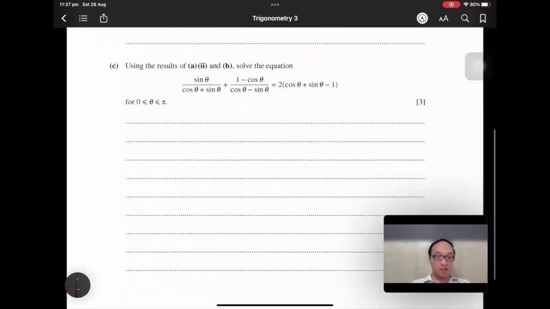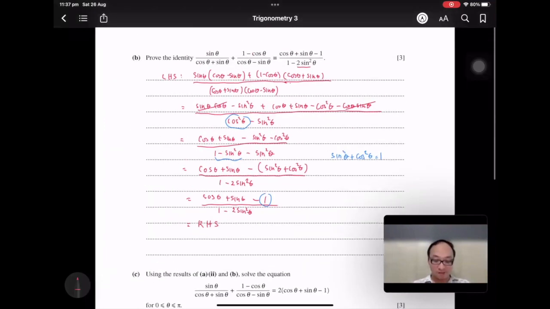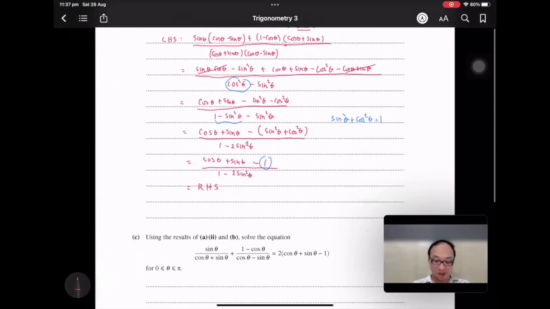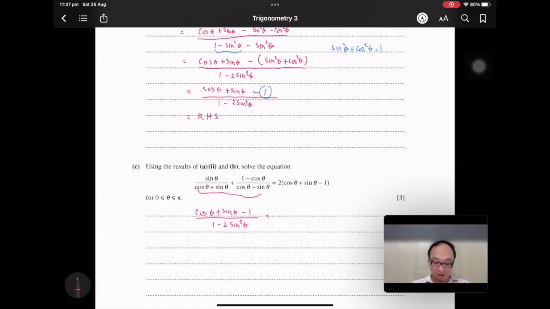C, using the result of A and B, solve the equation for 0 until pi. So the result of B is this. So we can replace the left part with cos theta plus sin theta minus 1 over 1 minus 2 sin square theta equals 2 cos theta plus sin theta minus 1.